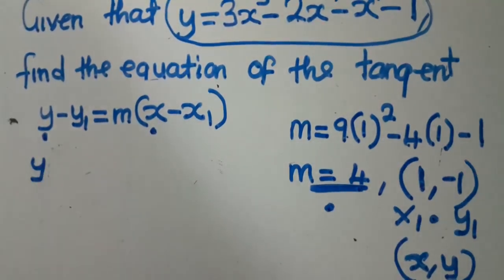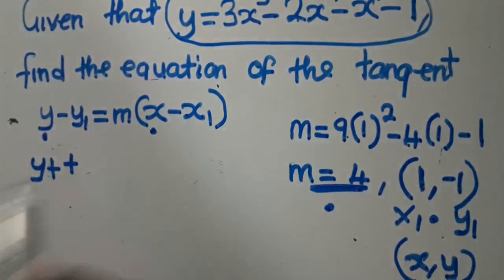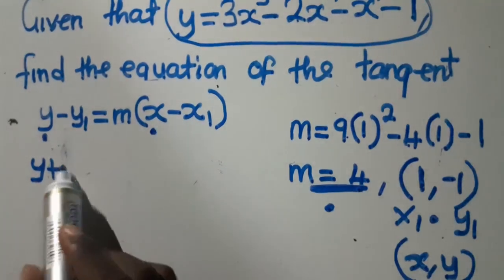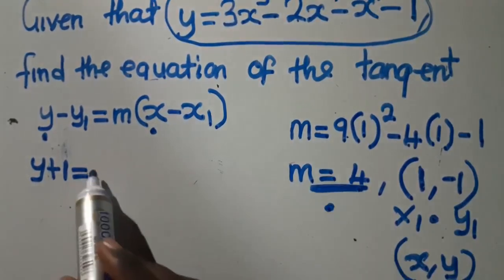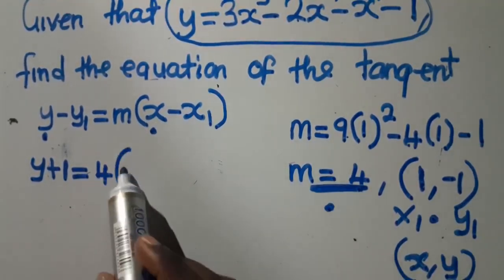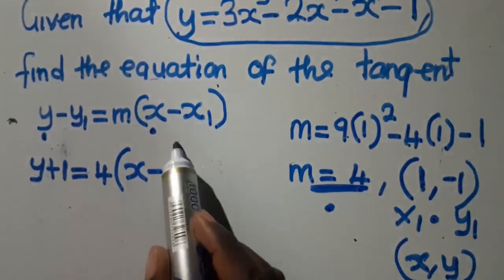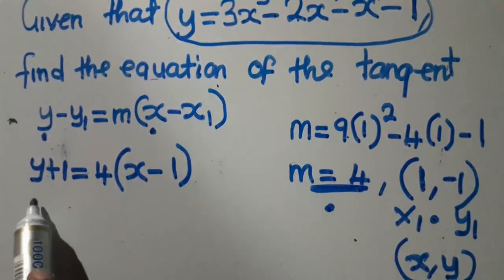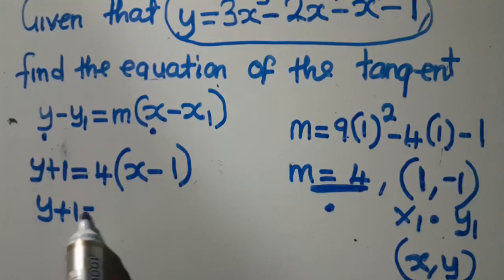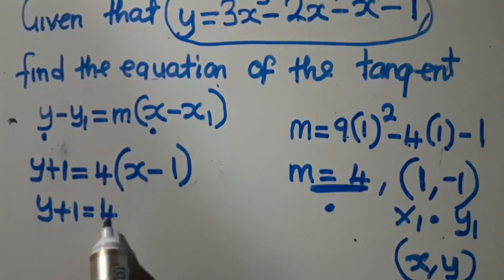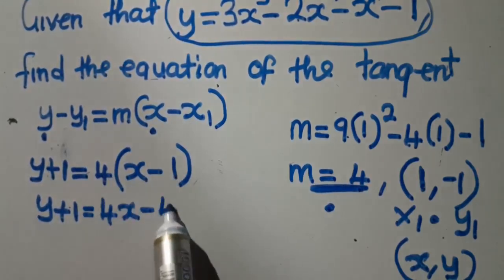So I'll just say plus 1, equal to, what is the gradient? Gradient is 4. What is x1? x1 is 1. This is the same as y plus 1 is equal to 4 times x, that is 4x, minus 4 times 1, that is 4.